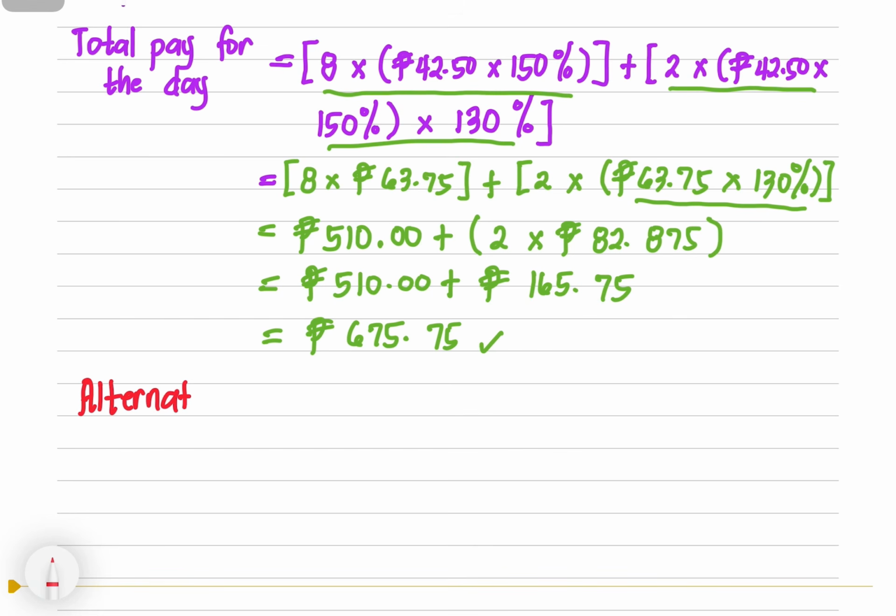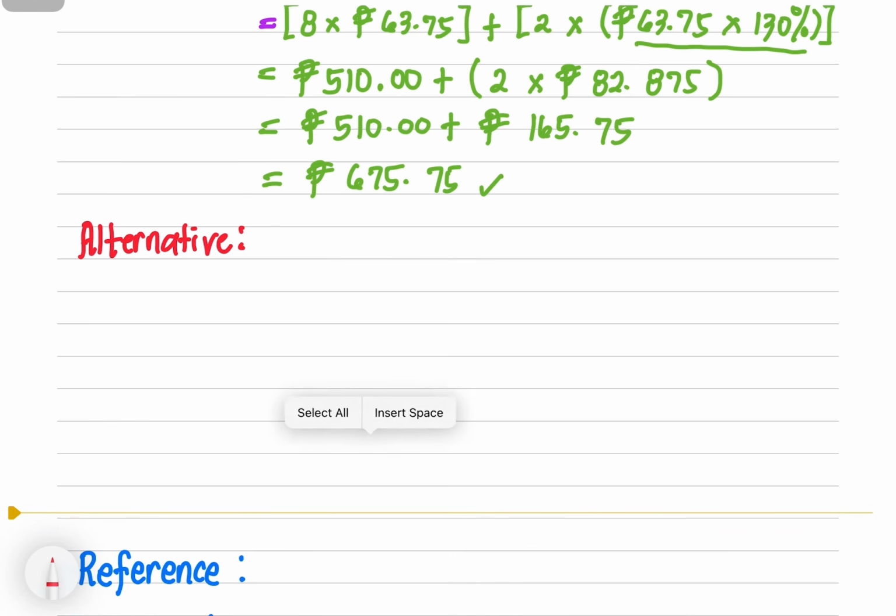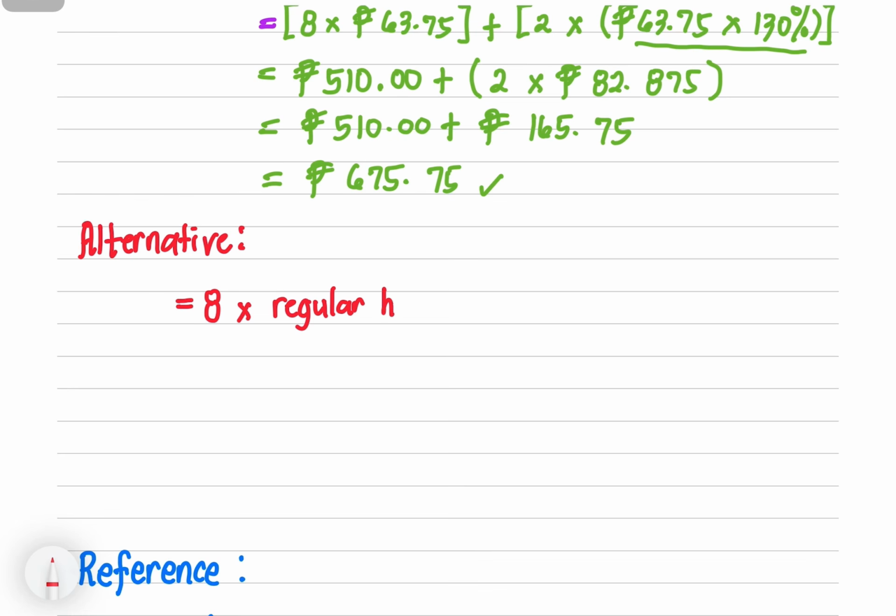Alternative. Okay, so since meron tayong 8 hours na pagtatrabaho sa loob ng isang araw, so, equals 8 hours times yung regular hourly rate natin.